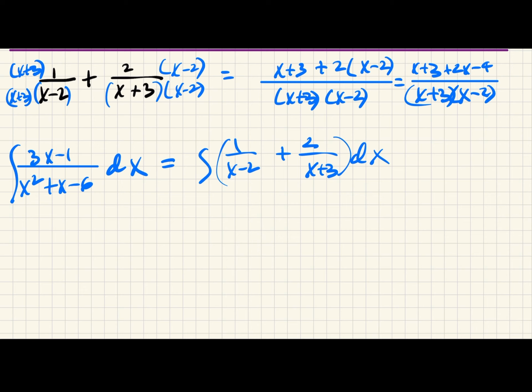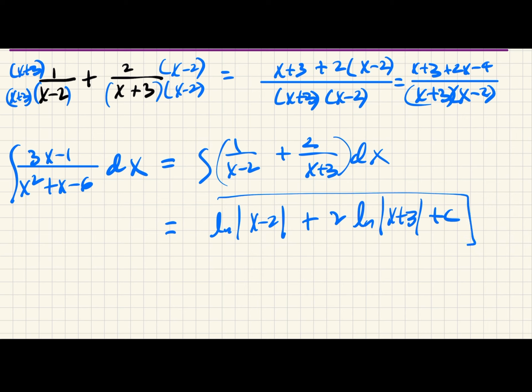What would that be? Natural log. And if u was x plus 3 in the second one, you'd have 2 over u du, so 2 natural log. Okay, good. So this whole thing would be natural log of x minus 2 plus 2 natural log of x plus 3 plus c.